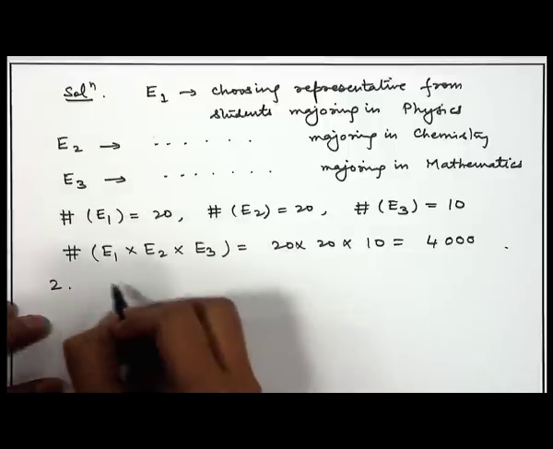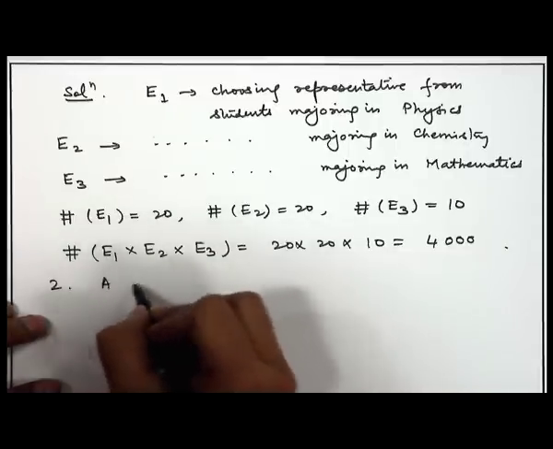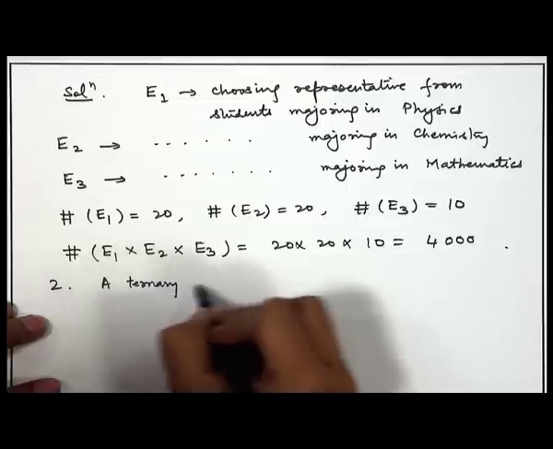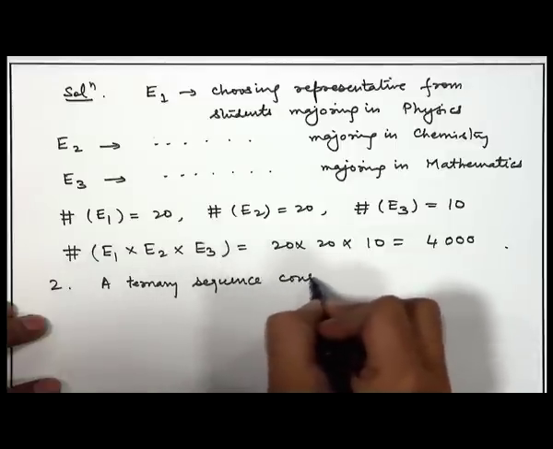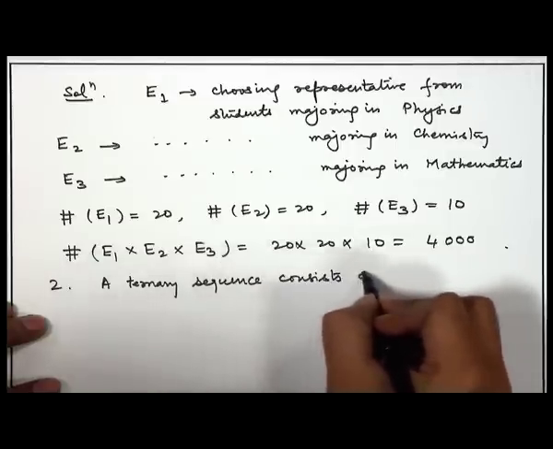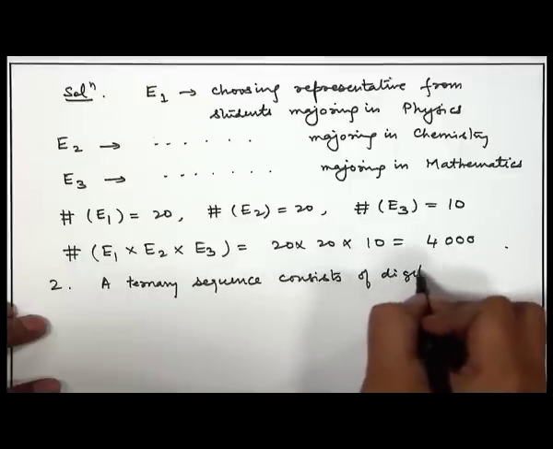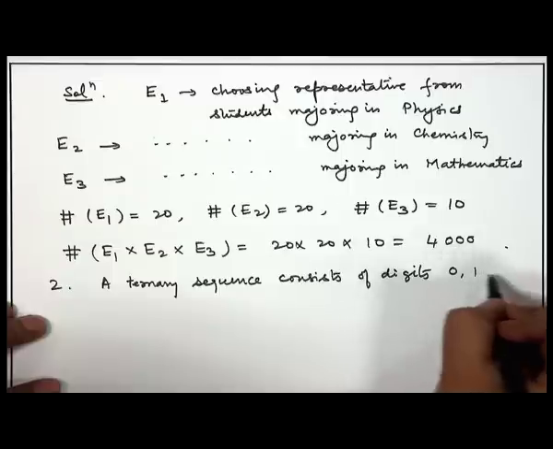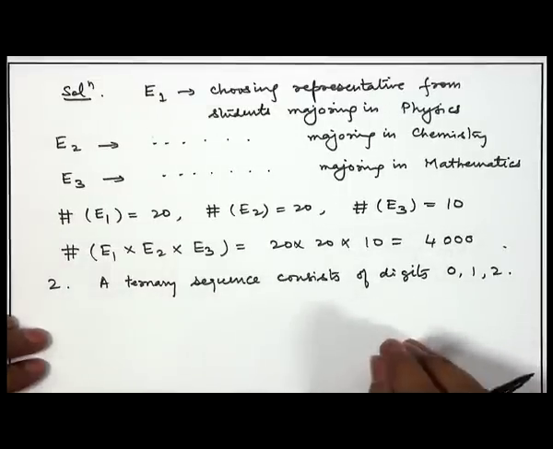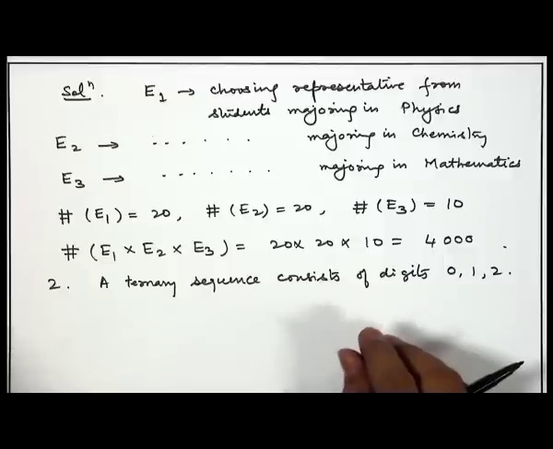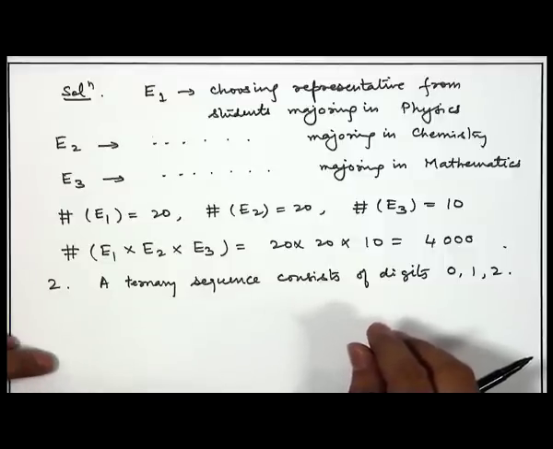Let us consider a ternary sequence. So, a ternary sequence consists of digits say 0, 1 and 2. Like a binary sequence consists of 0, 1, similarly, a ternary sequence consists of digits 0, 1, 2.